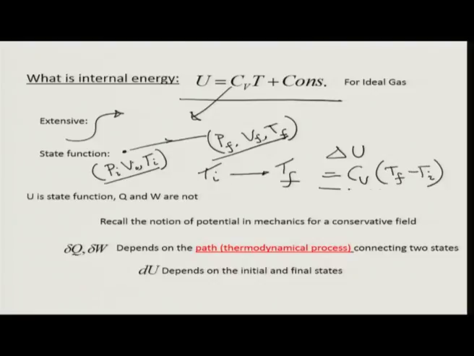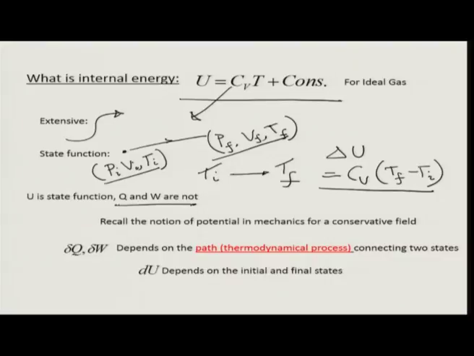It does not depend how I have achieved this process in going from Ti to Tf. Okay? This is very important, it is a state function. But Q and W not.